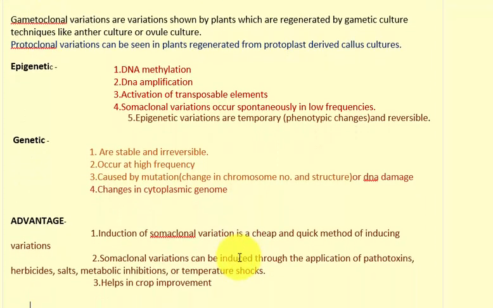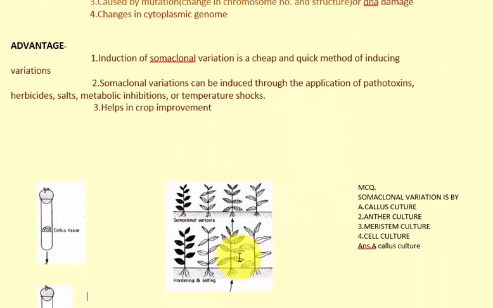Next, what are the advantages of the somaclonal variation? Induction of somaclonal variation is very cheap. It is a very cheap process and a quick method for inducing variation. Somaclonal variation can be induced through the application of pathotoxins, herbicides, salts, metabolic inhibitors or temperature shocks.